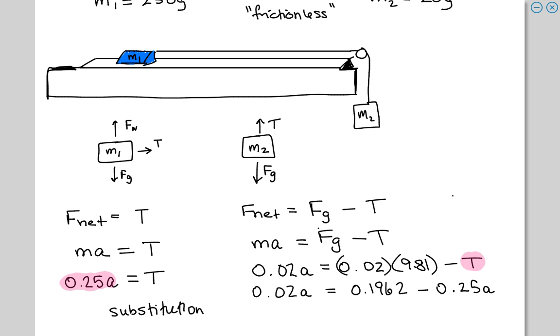Collect like terms. I'm just going to add this to the other side, and we get 0.27A equals 0.1962. Divide out 0.27.